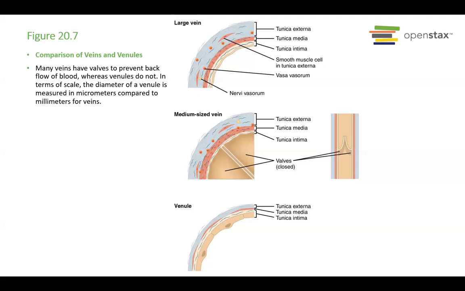As you get older, these valves are going to get damaged. They're going to be defective due to pregnancy, obesity, or career lifestyle, like police officers standing long times. So that's going to defect these veins, which means blood is going to start flowing backward and pooling. Pooling of blood.